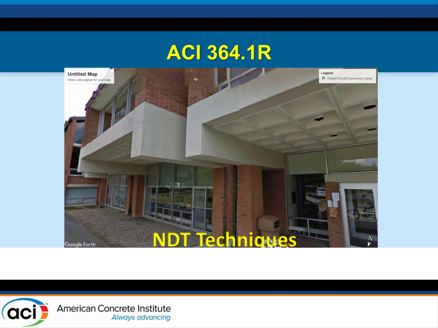Ultimately, what was happening was that there was alkali aggregate reactivity occurring in the concrete, and particularly the portions of the concrete that were exposed to moisture were really degrading from the inside out. And the unfortunate thing was a considerable amount of time passed, and the degradation continued at a fairly decent rate, so that at a certain point in time, it was really beyond doing much about it.